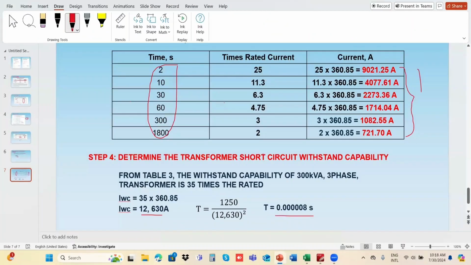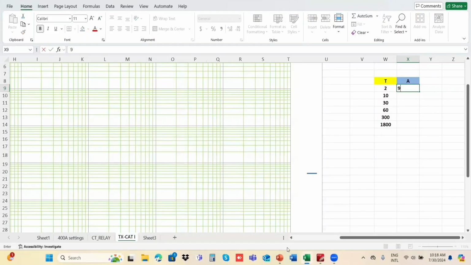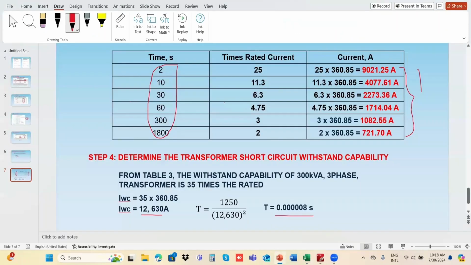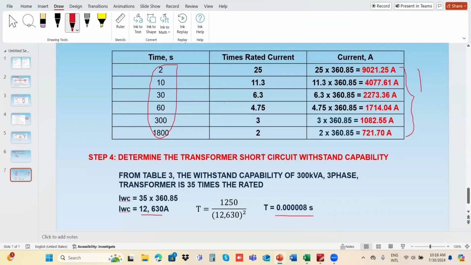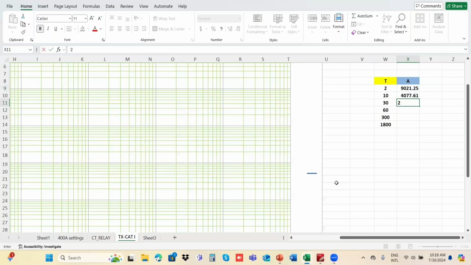And for the current is 9,021.25. And for the 10 seconds is 4,077.61. And for the 30 seconds is 2,273.36 amperes.